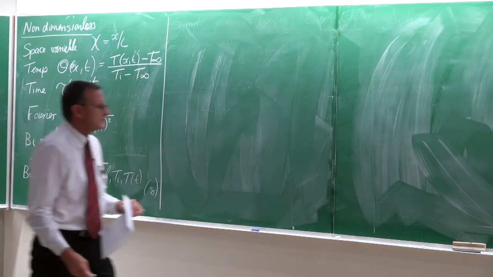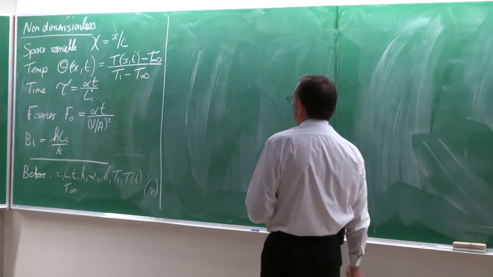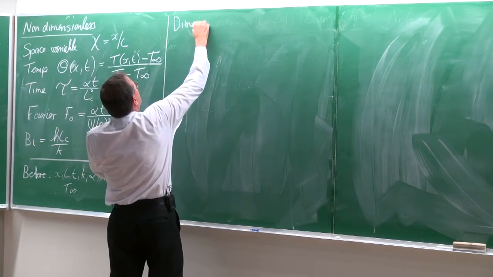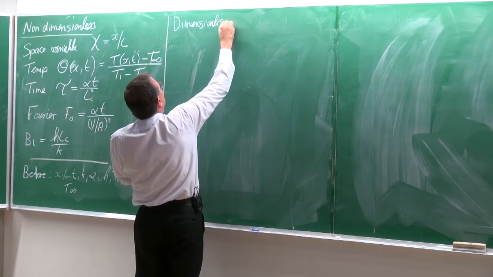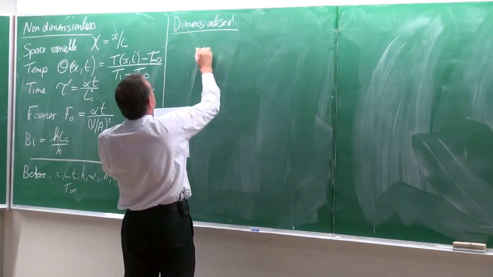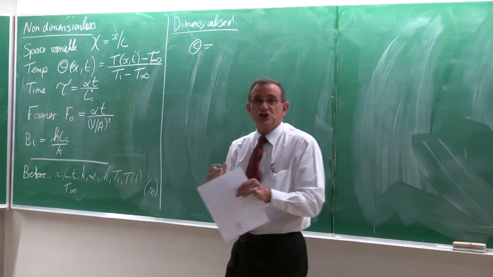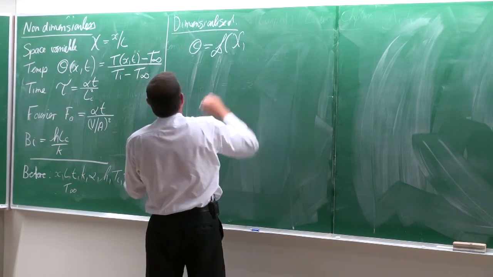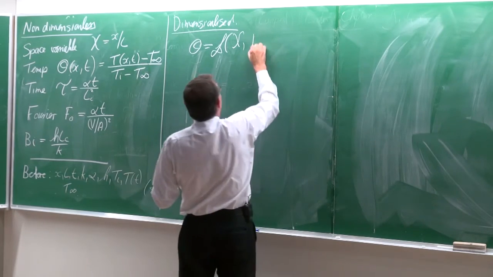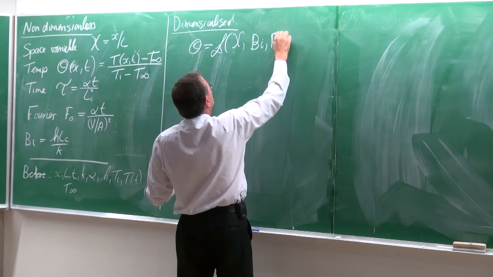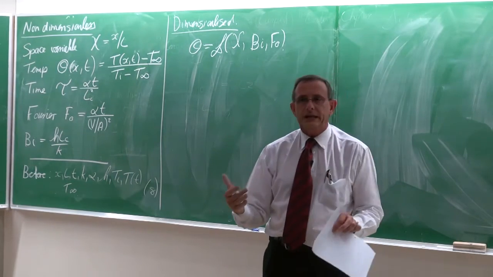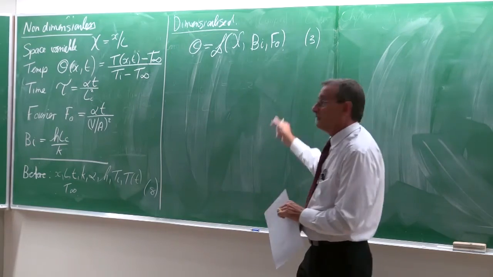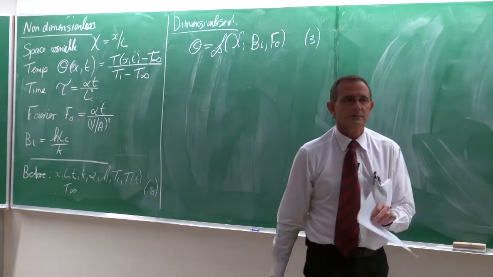Now, after it has been non-dimensionalized, you'll see that theta, the temperature distribution, will only be a function of the space variable X, the Biot number, and the Fourier number. So from 8 to 3 variables, or 4 if you also include the temperature theta.